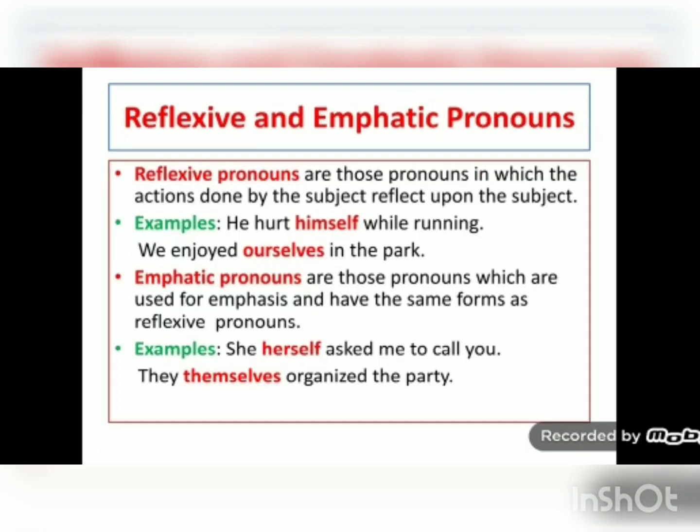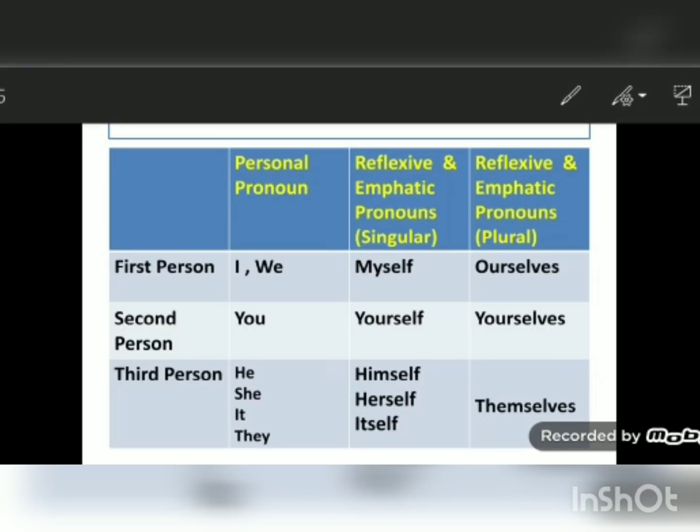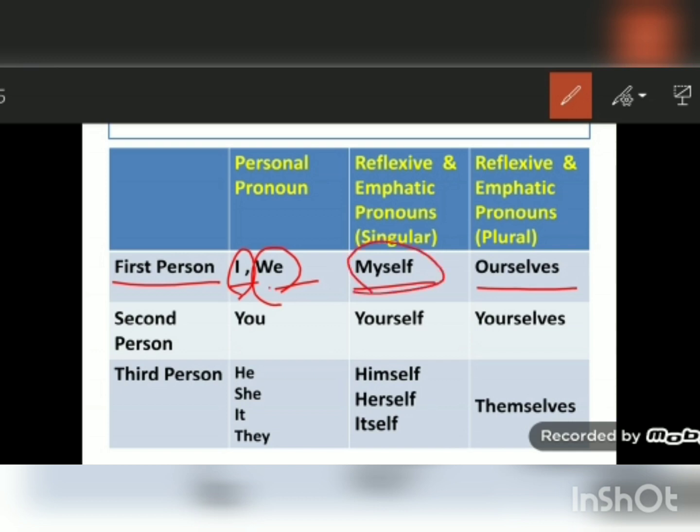In first person, when the personal pronoun is I, the reflexive and emphatic pronoun in singular is myself. We is plural, so the reflexive or emphatic pronoun will be ourselves.